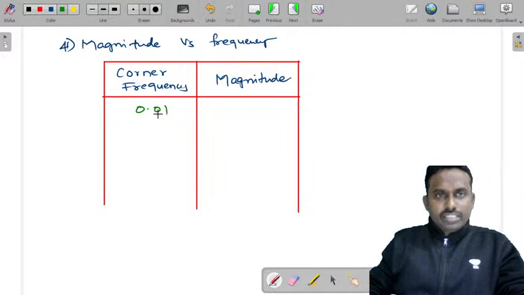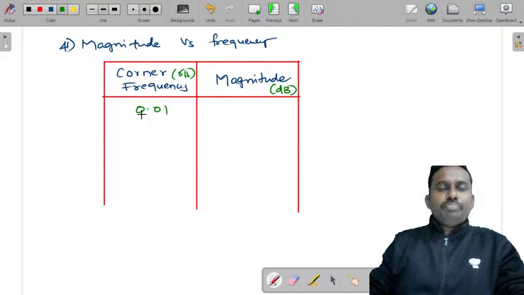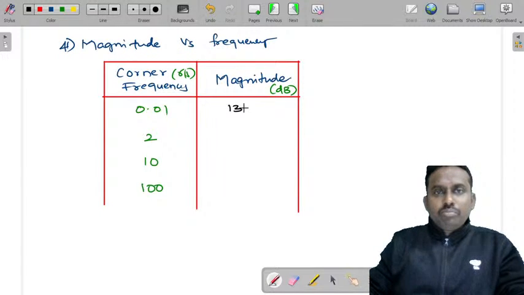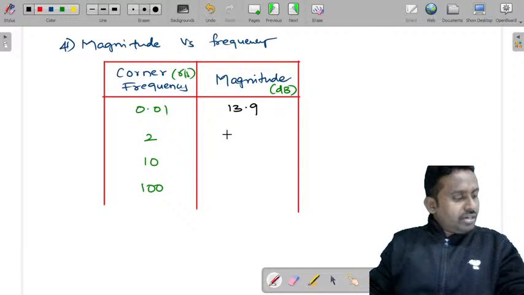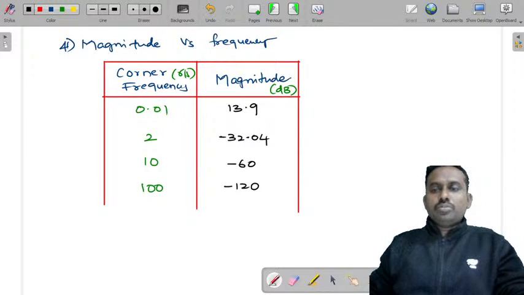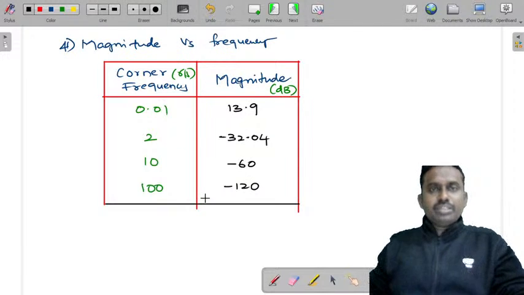The first corner frequency was 0.01, the second is 2, the third is 10, and the fourth is 100. For 0.01 we got 13.9, for 2 we got minus 32.04, then minus 60, and this as minus 120 dB. So this is the magnitude versus frequency table.